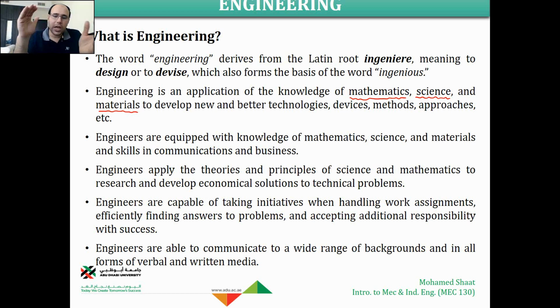So upon graduation, you're going to skill yourself with a good knowledge in these three subjects. And in the meanwhile, you're going to skill yourself in how you can use them. You're going to practice how to use this knowledge to do engineering things for engineering applications. This is the basic idea of engineering.